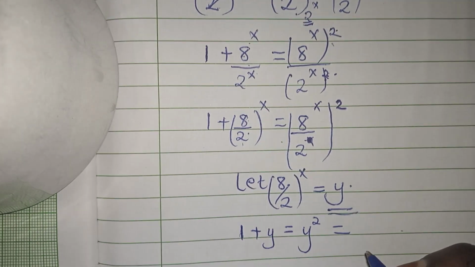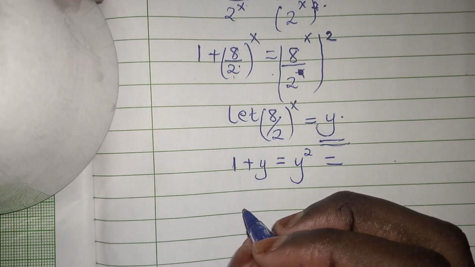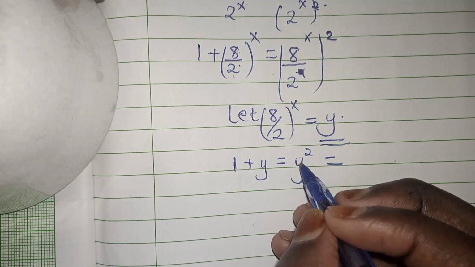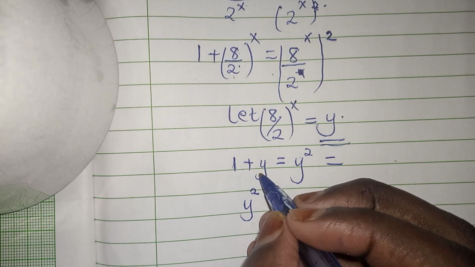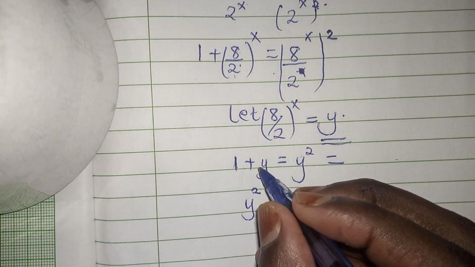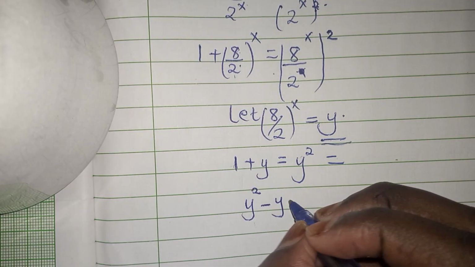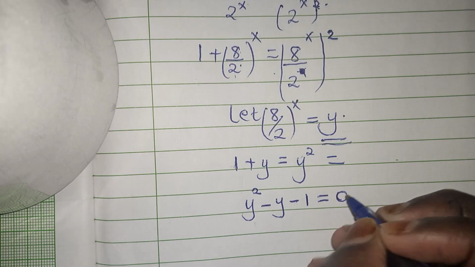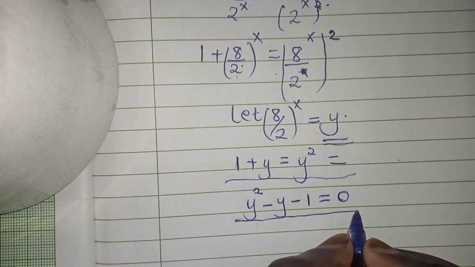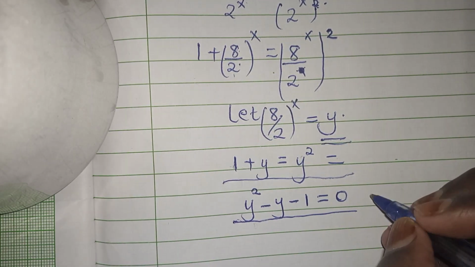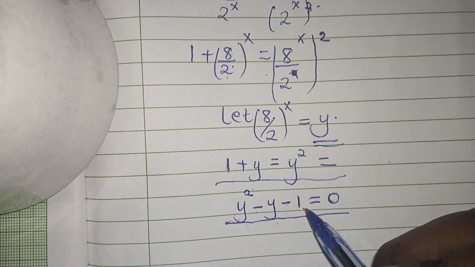So this is a quadratic equation, and I can write it by bringing this y squared, bringing this negative to the other side, and this positive y to the other side, it becomes negative y minus 1 is equals to 0. So if I rearrange this quadratic equation, it forms y squared minus y minus 1 is equals to 0.